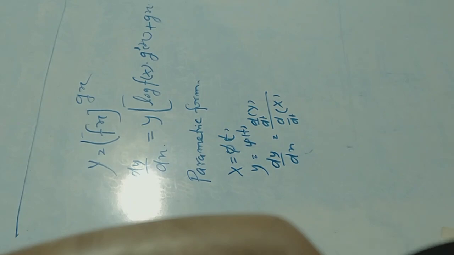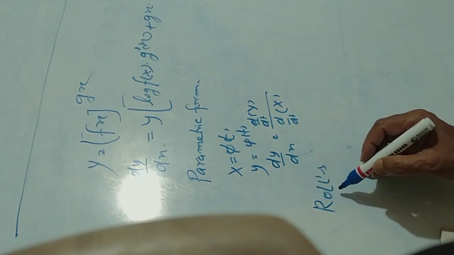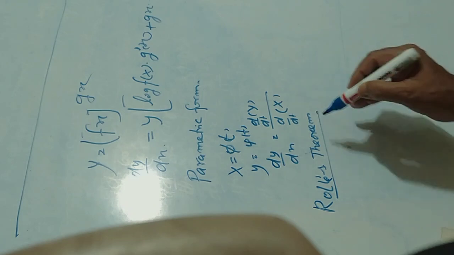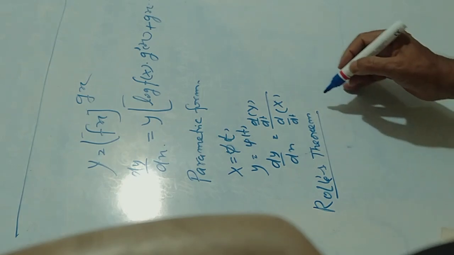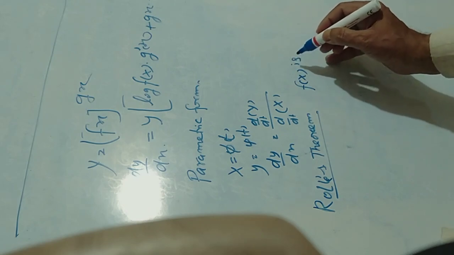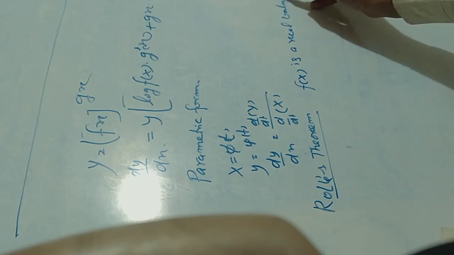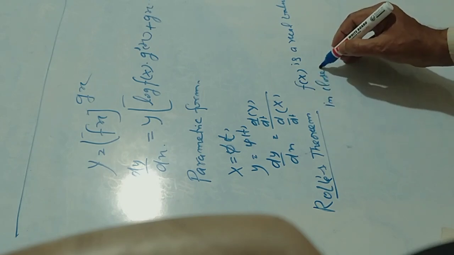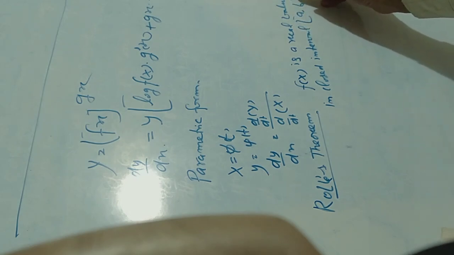Now come to Rolle's theorem. In Rolle's theorem, f(x) is a real valued function defined in a closed interval [a, b], right?